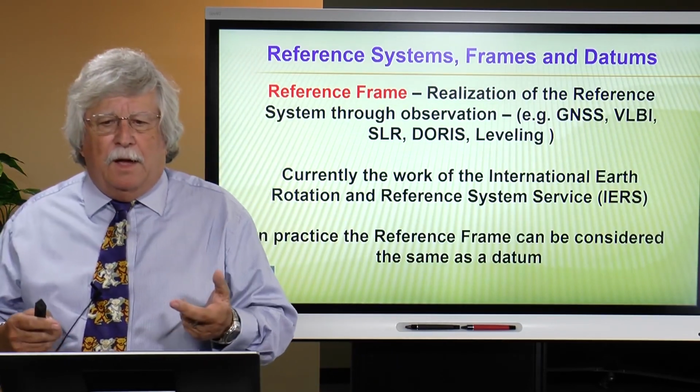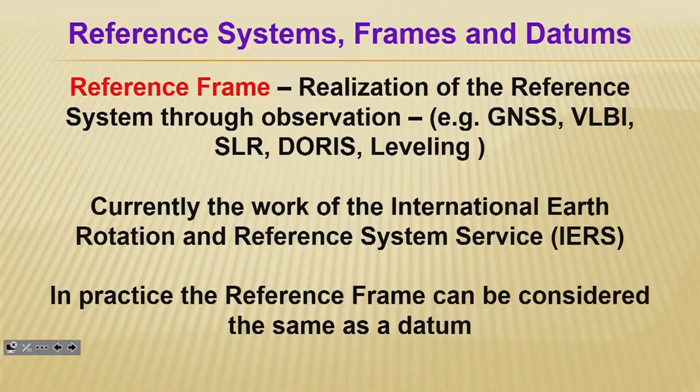The reference frames, the current realization, deals with a number of different positioning and measurement systems. I'm not going to go into great depth with them here. I'll talk about them in one of the future presentations, but understand that right now we're dealing with primarily four different measurement systems: GNSS, Global Navigation Satellite Systems, which at least right now is primarily the US Global Positioning System; VLBI, Very Long Baseline Interferometry; Satellite Laser Ranging, SLR; and another called DORIS, Doppler Orbitography and Radio Positioning Integrated on Satellite; as well as traditional leveling.